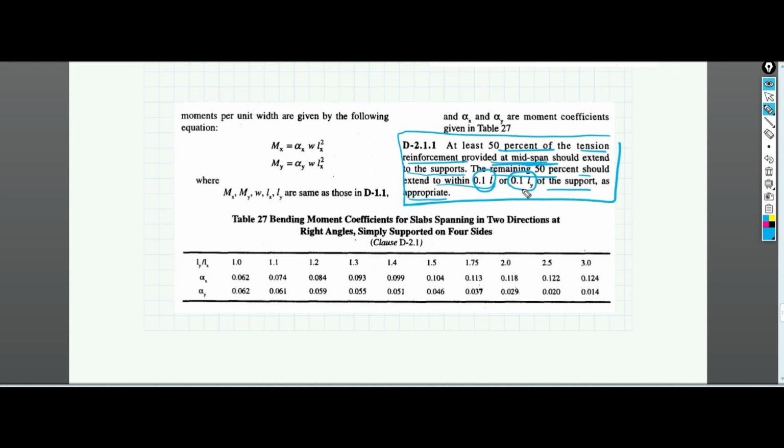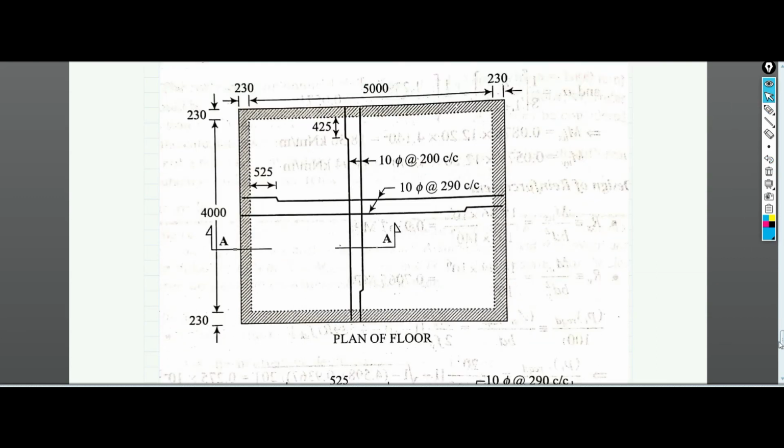Okay, so it is a similar case to what we did for the one-way slab that we designed earlier. So up to a length of 0.1 lx you have to extend your bars, 50% of the bars that you have provided at the midspan, in the top portion of the slab. Okay, so let's see how we can have the drawing.